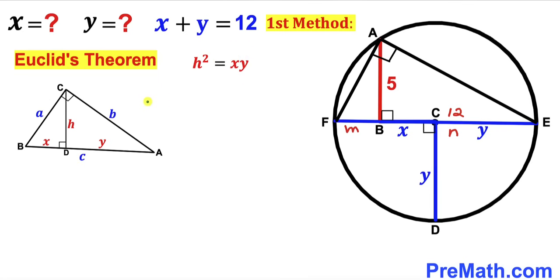Now we are going to apply Euclid's theorem to this problem. Here our height is 5 units, and the two segments are lowercase m and lowercase n. According to Euclid's theorem, m times n equals 5 squared.